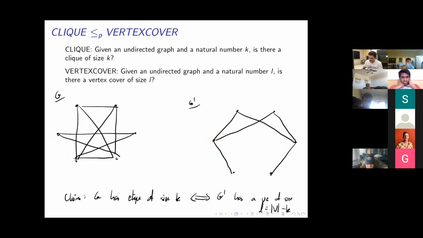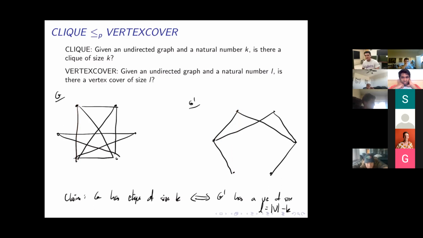Can there possibly be an edge between 2 vertices not in that vertex cover? For example, can that be an edge in the new graph? And the answer is no, because those 2 vertices aren't in the vertex cover, which means they were in the clique, which means that edge did exist in the original. And so that edge can't exist in the new one.